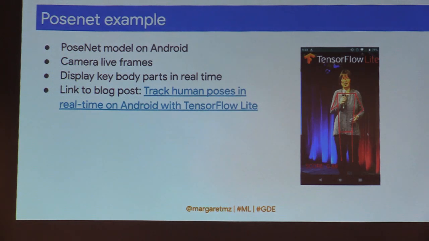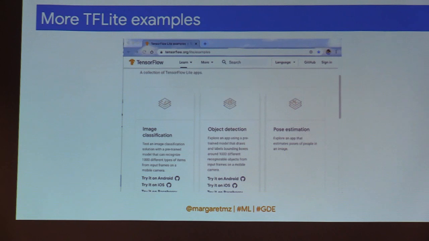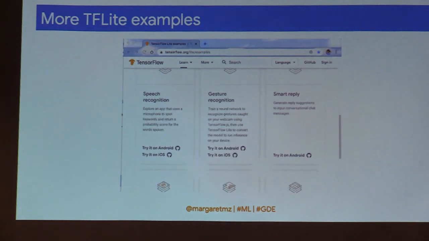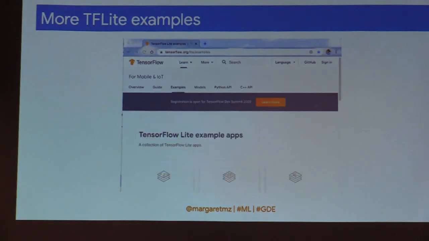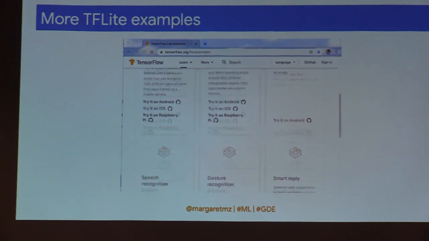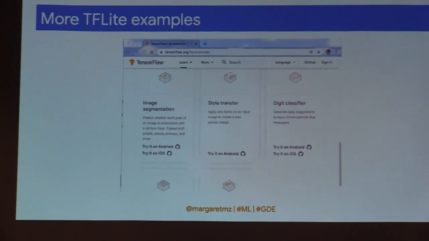You can also check out a PoseNet example. And there are more examples like object detection, smart reply, style transfer, and a lot more. And it's not just computer vision. You can also look at some of the examples on text by Hugging Face, which is pretty neat.